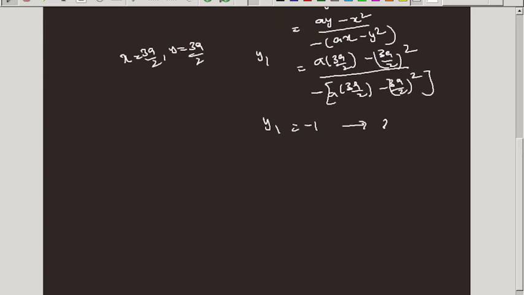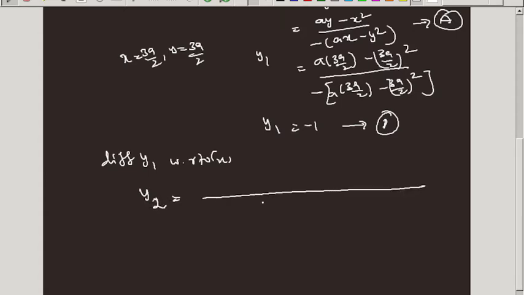We write this as equation number 1. Here we keep this as it is, and we must differentiate this with respect to x. So differentiate y1 with respect to x. Here the numerator also has the variable and the denominator also has the variable, so we apply the quotient rule.